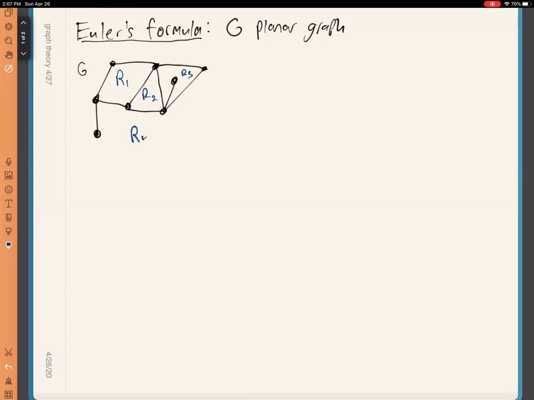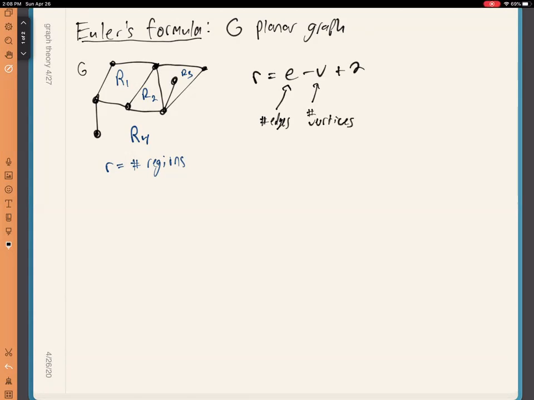And then remember, we want to also signify the outside region, or the region that's outside the graph, so I'll call that R4. And I'm going to let r equal the number of regions, little lowercase r. For this example, r is 4, although in general, of course, it could be a variety of different numbers. Euler's formula says that the number of regions is equal to the number of edges minus the number of vertices plus 2.